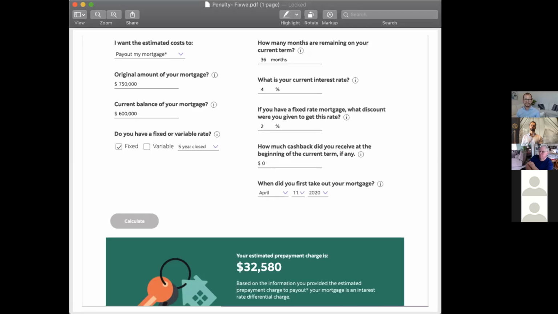So that is banking, and that's why the banks are very, very financially successful, and their penalties are significant, especially on the fixed. So you can see. Anything that I missed on this, Matt, or that you wanted to add?